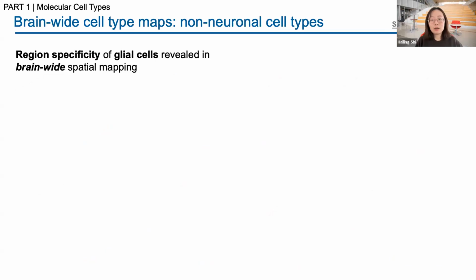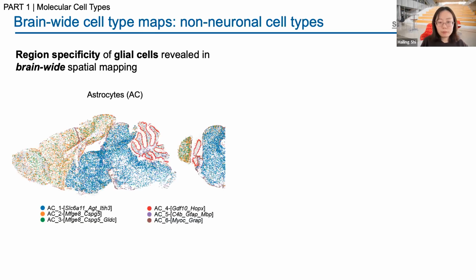Beyond neurons, our brain-wide spatial mapping also allows us to uncover the regional specificity of a few glial cell types. And I want to emphasize this is only achievable when we extend the mapping capacity to brain-wide spatial mapping to really recover this large-scale spatial pattern of glial cell types. For example, the astrocytes.